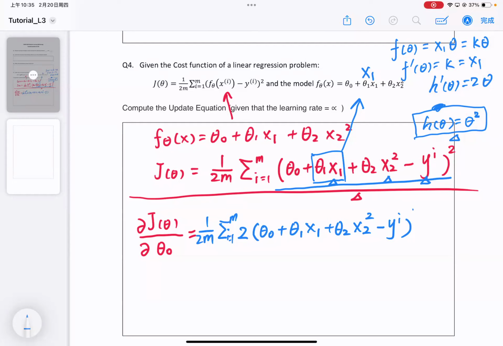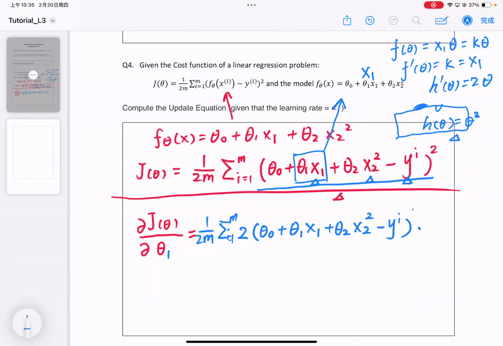Oh, sorry, I made a mistake, but it doesn't matter. I just need to change this one to theta 1. Let's see, we first do the partial derivative for theta 1. Then we need to multiply by this x1 here. So this is the gradient, or the derivative of the loss function for theta 1.